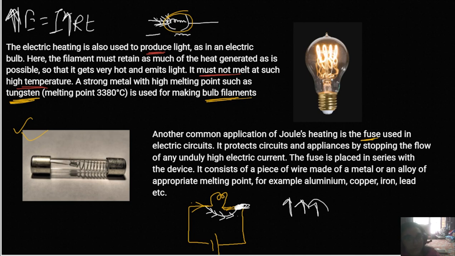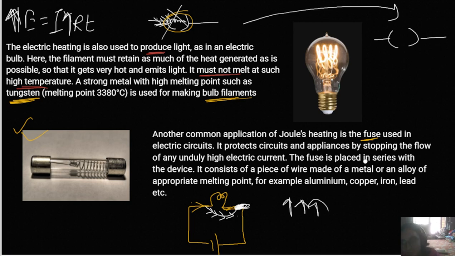So once this fuse is burnt or melts, what we are getting is something like this, right? This is an open circuit, and open circuit means that there will be no flow of current. So the circuit is saved, and the appliance also most of the time gets saved, and there is no problem with other appliances also.